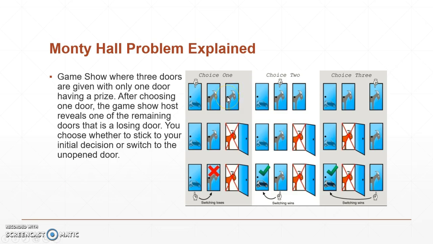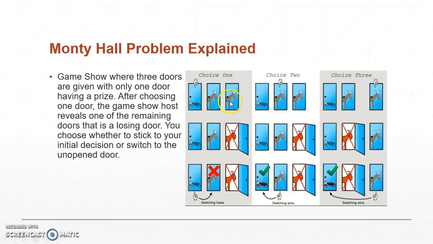So here's the mathematics behind it. When you first look at these 3 doors, you have a 1/3 chance of the prize being behind door 1, 1/3 behind door 2, and 1/3 behind door 3. When you choose door 1, we can add these probabilities together, so there's a 1/3 chance behind your door and a 2/3 chance of it being behind one of the other 2 doors.